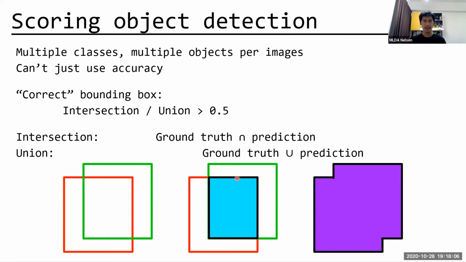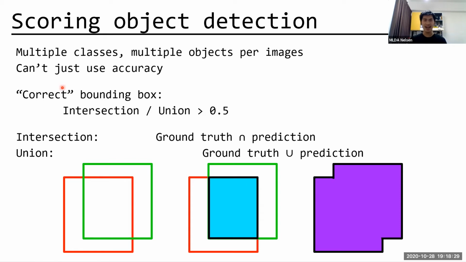The intersection is the one labeled in cyan color, and the union is the one with the purple color. With these two areas, when we divide, we should get a number between 0 and 1. So that's the main idea, to get the scoring for object detection.